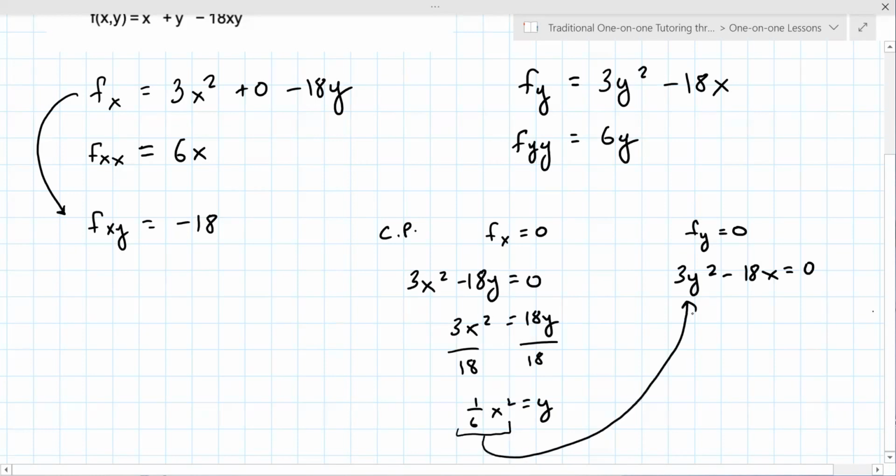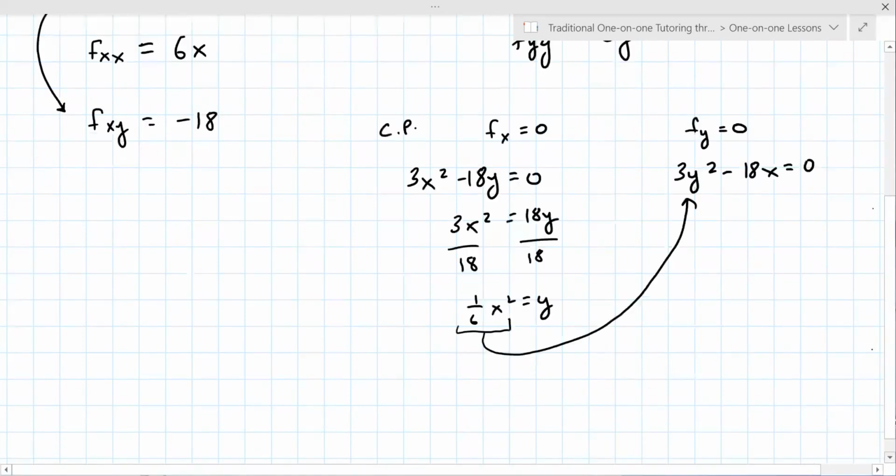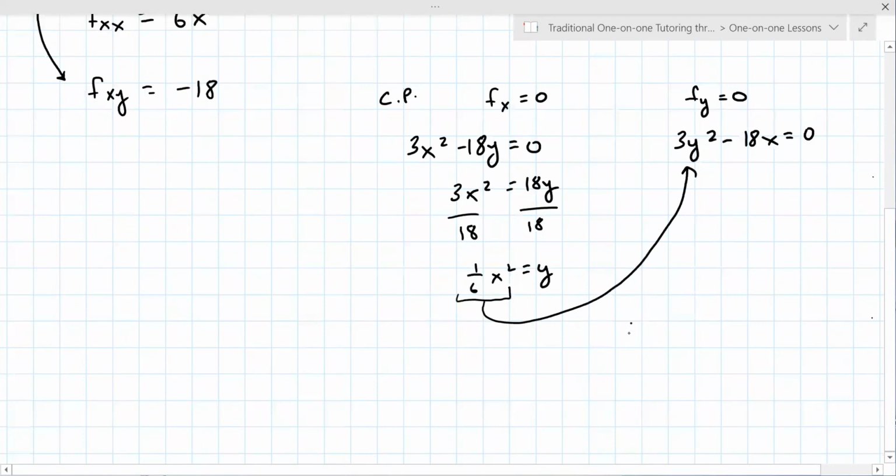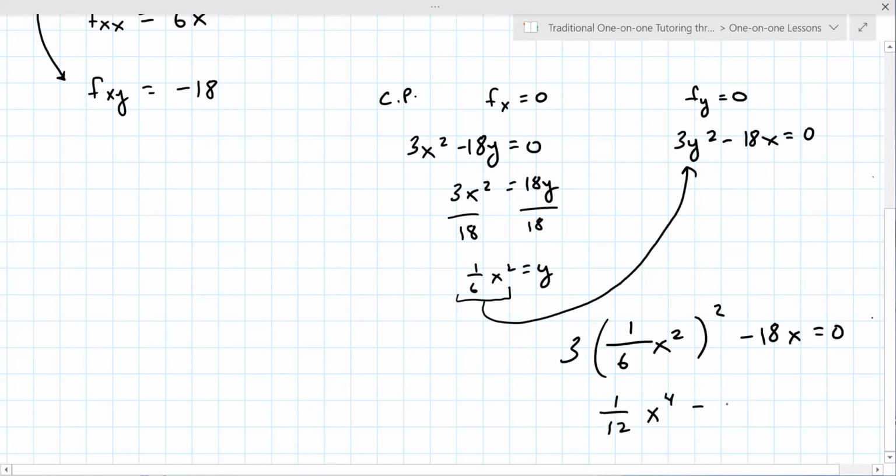If you're following, we're essentially going to solve it for an ordered pair. It's a lot of work here, but it's super doable. So it's 1/6 x squared times 3. That's me substituting in here. Minus 18x equals 0. So this is 1/36, but then you multiply it by 3, so it's 1/12 x to the 4th minus 18x equals 0.